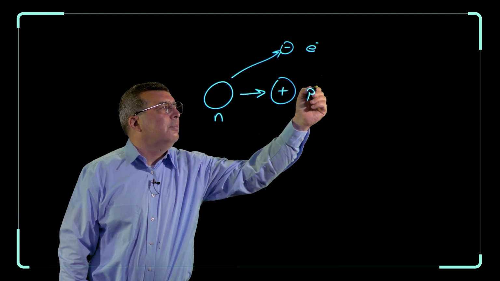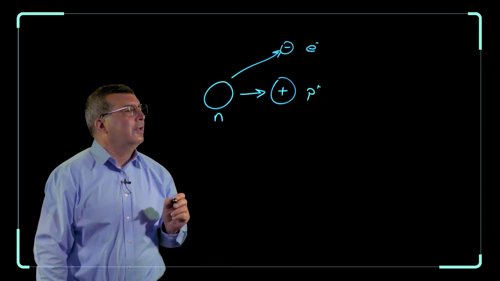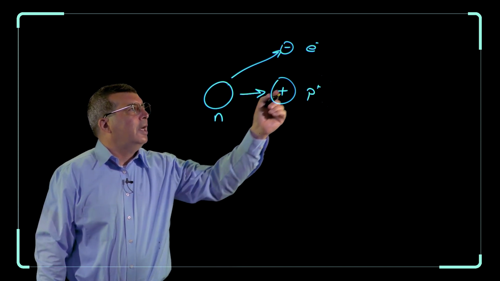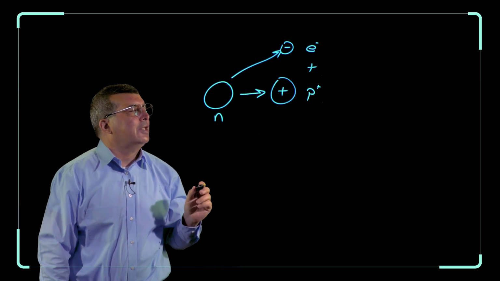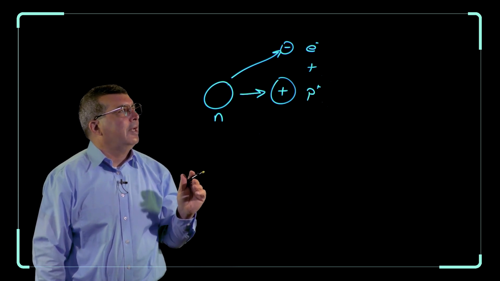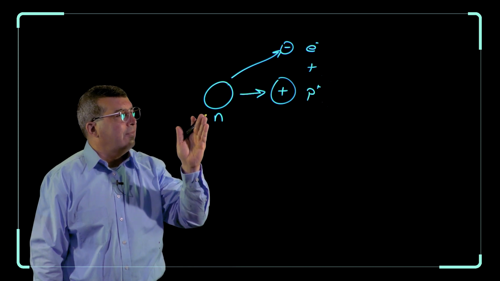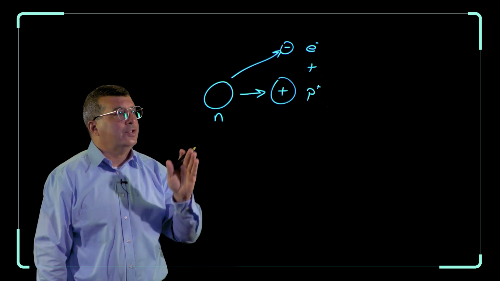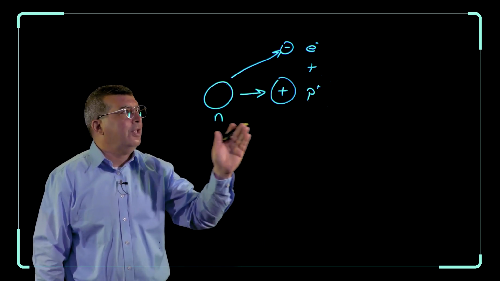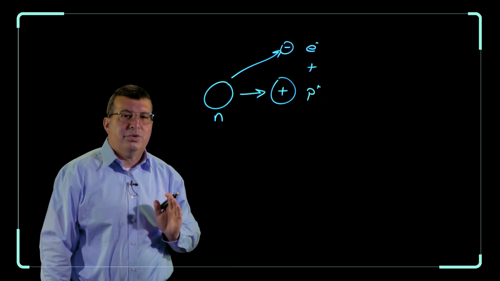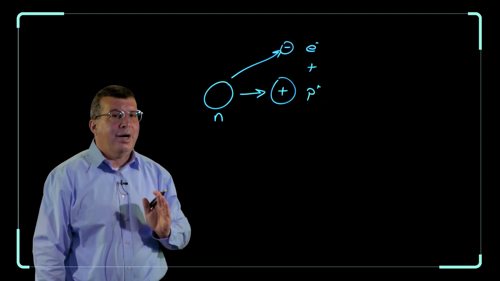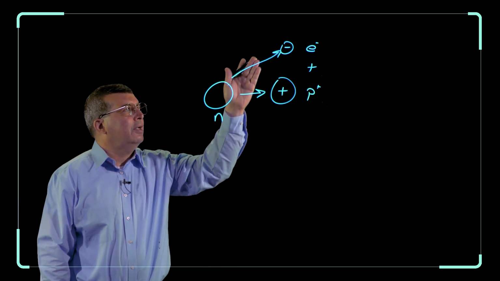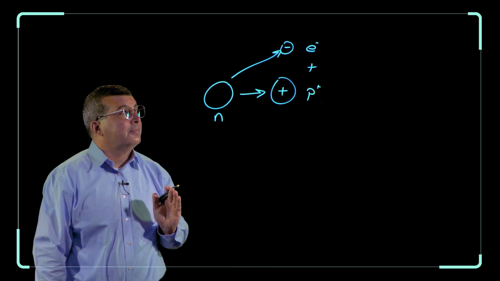Let me give the electron a little minus and the proton a little plus there. Okay, so the neutron becomes a proton plus an electron. And so that would be an allowed nuclear reaction because we conserve our number of nucleons, one nucleon, and we conserve charge. Zero charge to begin with, zero net charge to end with. So this is an allowed nuclear reaction. A neutron can turn into a proton plus an electron.